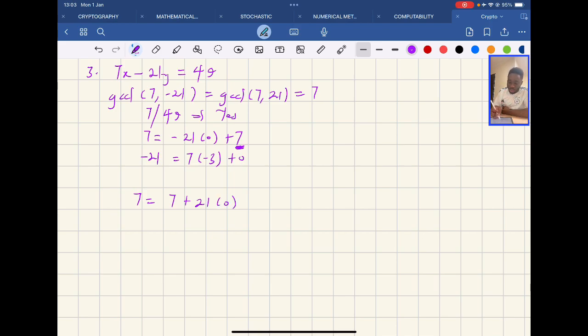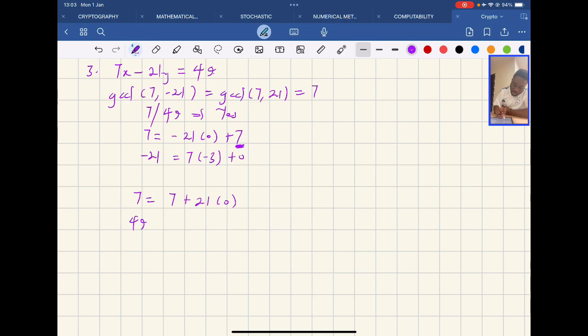Now we have to compare this equation to this equation. We have 49, we have 7. Meaning that we can multiply this equation through by 7. So 7 times 7 is 49. Over here, we have 7 multiplying 1, plus 21 and 0.